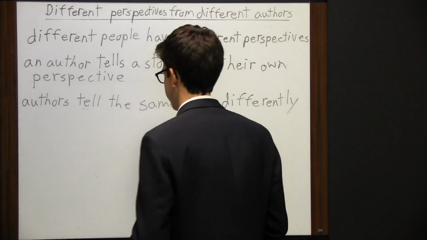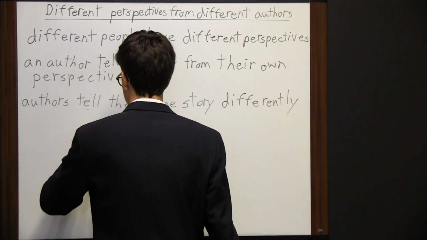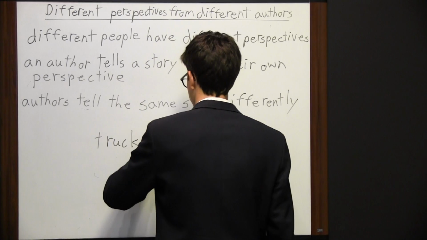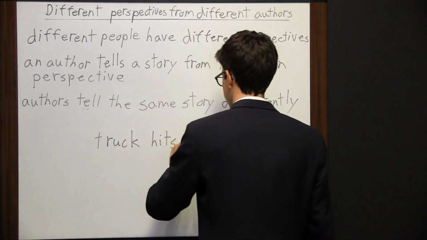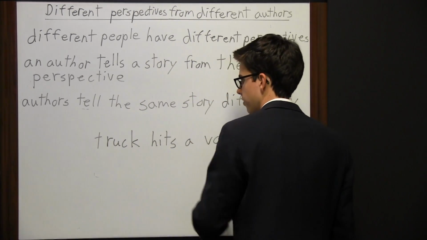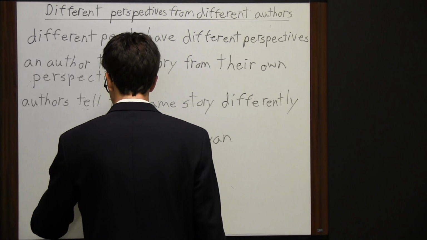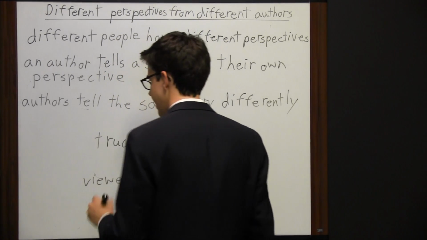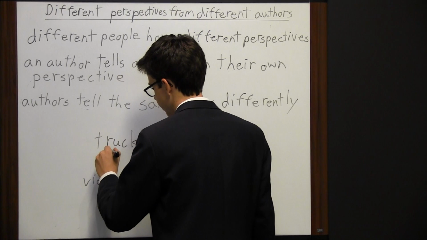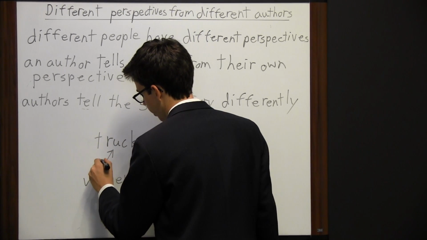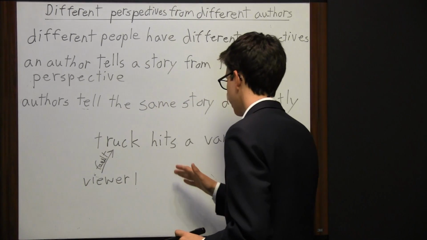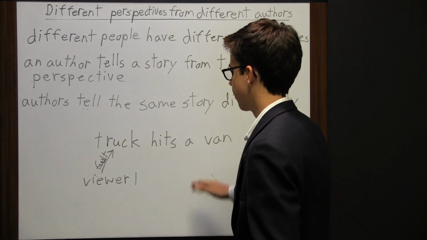Another example of this is, say, someone saw a car wreck happen. And so a truck hits a van. And so there's two viewers, and so viewer one sees the accident occur and says that the truck is at fault. So I'll draw an arrow right here and write fault. Because viewer one thinks the truck is at fault because they saw the truck hit the van.